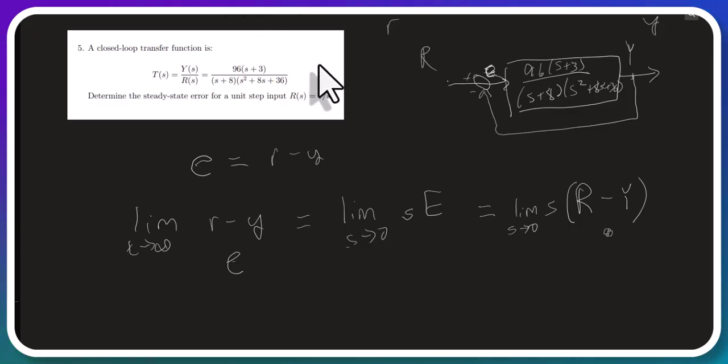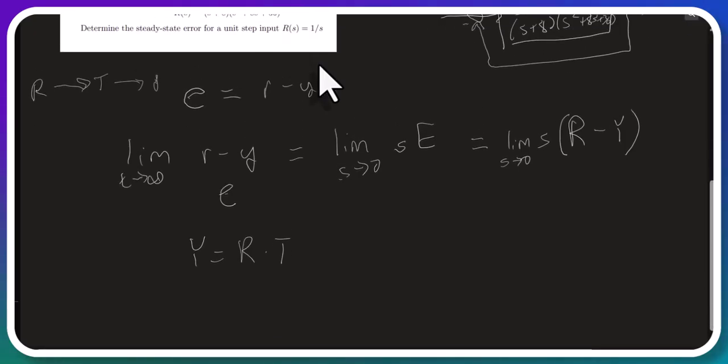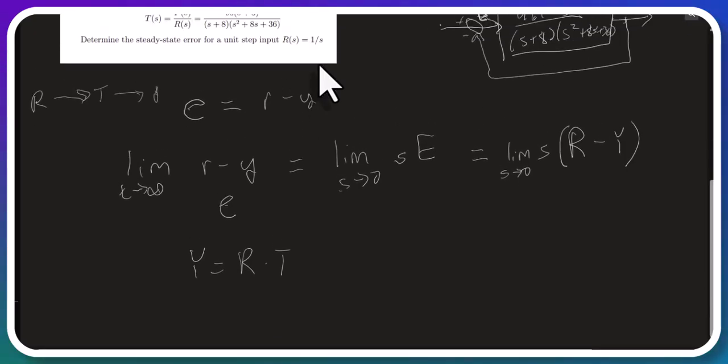Okay, now what is Y? Well, remember, this was not actually a closed loop, this was an open loop, and so this was just R and then T, and then we got Y. That's not a good block diagram. Pretend it's a good block diagram. So what was Y? Y was just R times T. We have the Laplace transform of T that was given. R was a unit step function, and we are given what the Laplace transform of a unit step function is.